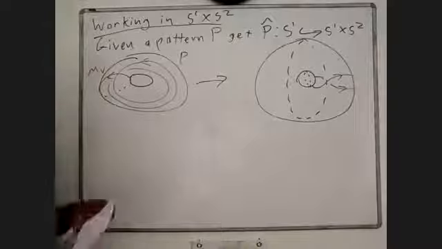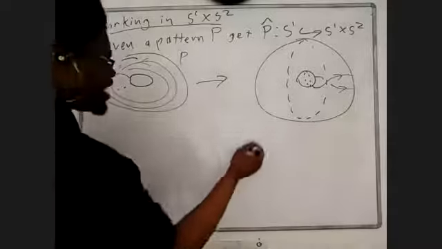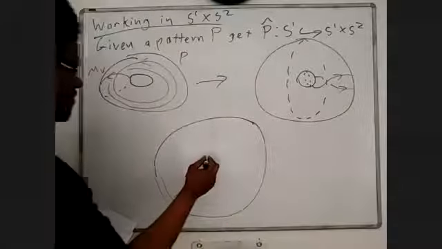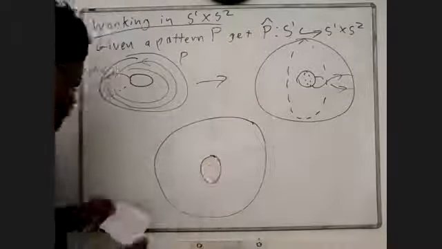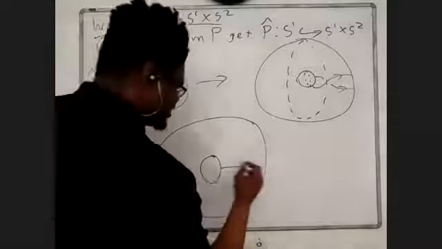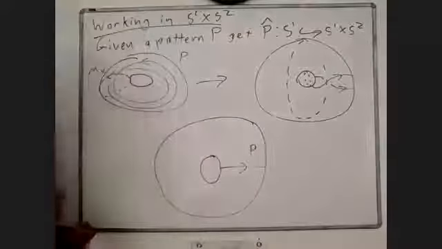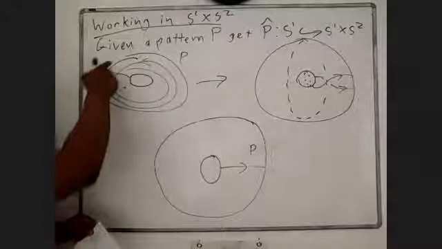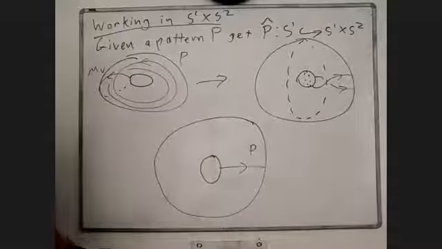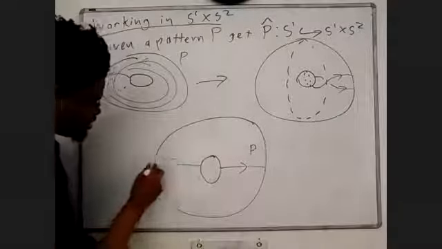So why is this helpful? Now I'm going to draw a different picture with the knot to make it simple. So let's say you have your pattern here. We can recover our solid torus just by drilling out some neighborhood on the other side like this.